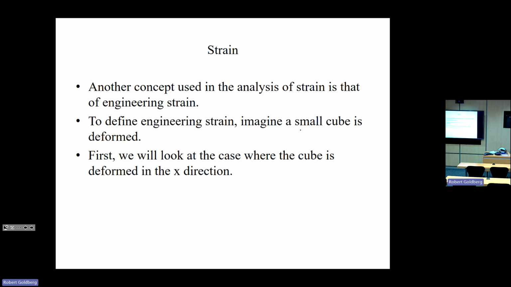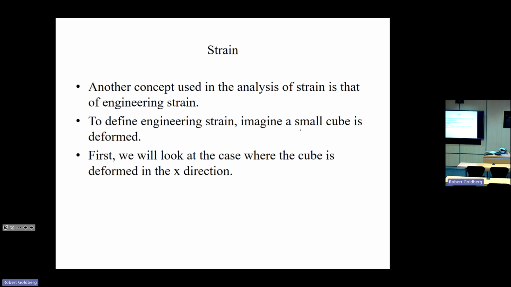Which, leading into that, when you study strength of materials as sophomores, and even in your basic undergraduate mechanics class, you're used to the idea of engineering strain. And engineering strain is more tightly linked to the idea of the deformation of a defined object. So we'll define engineering strain.